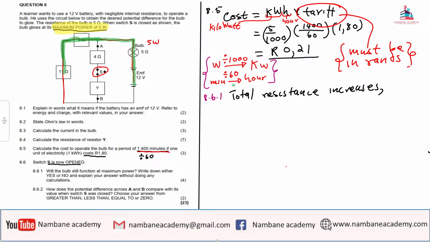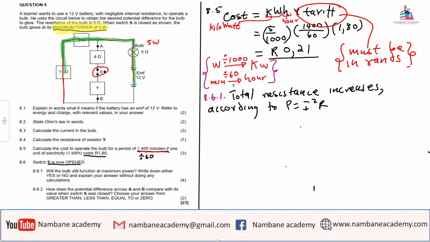According to P = I²R. Why? They are in series, and the current passing at 5, the current passing at 3, and the current passing at 11, it's the same.